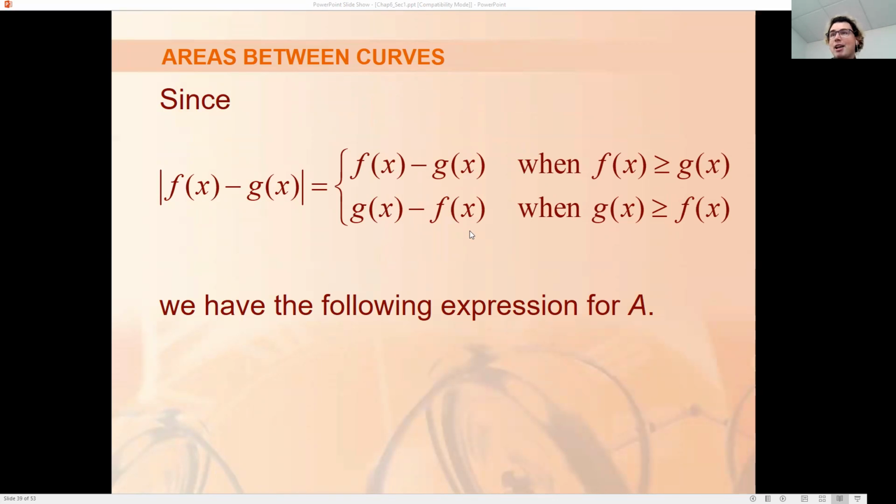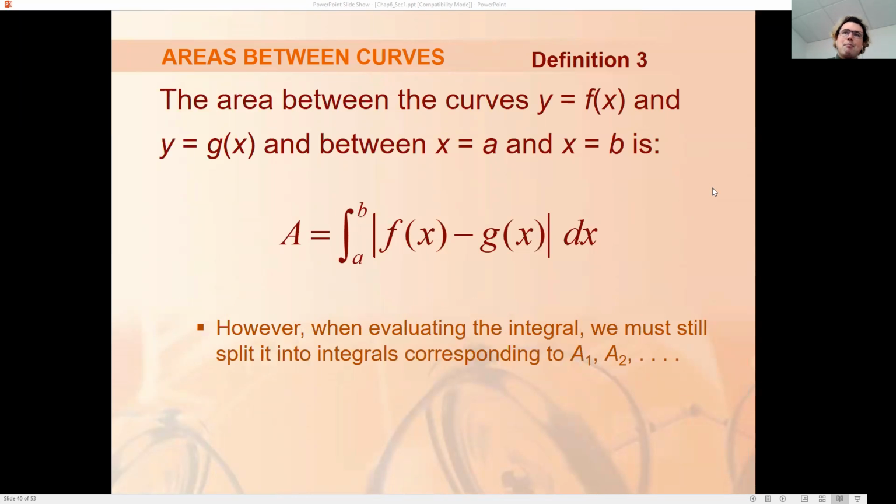I can bundle that up all very nicely and just look at the absolute value of f minus g. So in the places where f is on top, absolute value of f minus g is f minus g. In the places where g is on top, absolute value of f minus g is g minus f. So that makes my formula very nice to write.